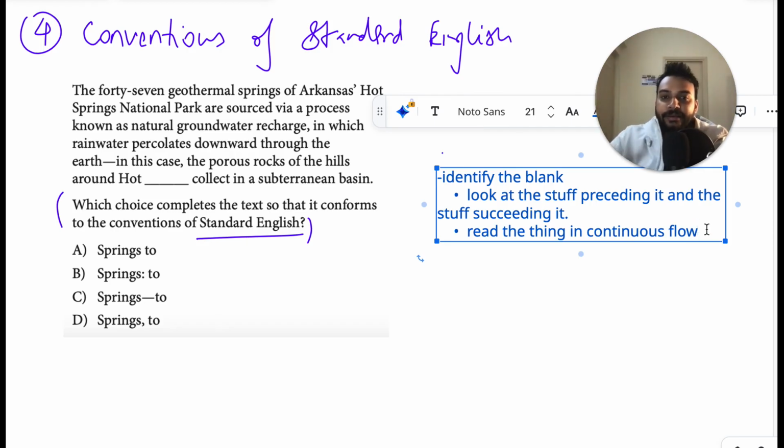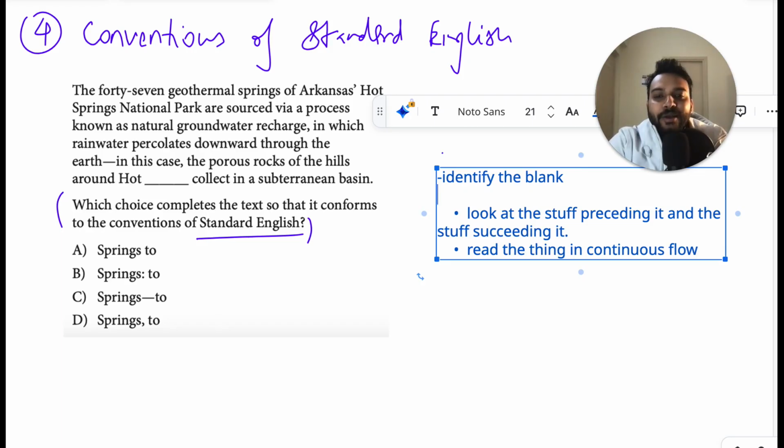Okay, and then in this, one very important thing is they usually have really short options. They don't have many long options. And there's actually an easier set of questions on the reading and writing section. So once we identify the blank, according to the minimum effort strategy, we'll introduce the step of reading the options.